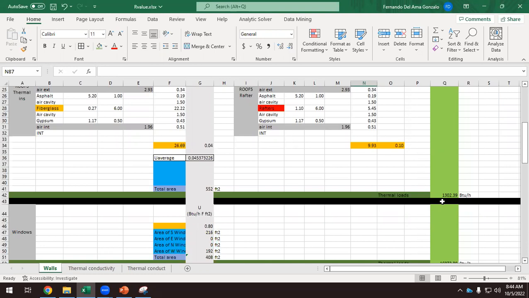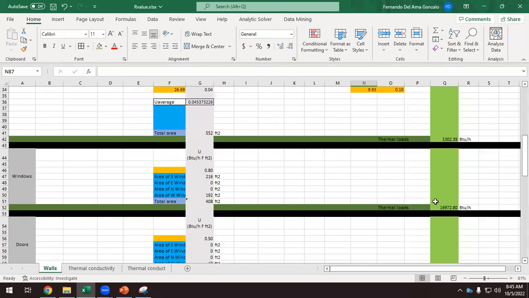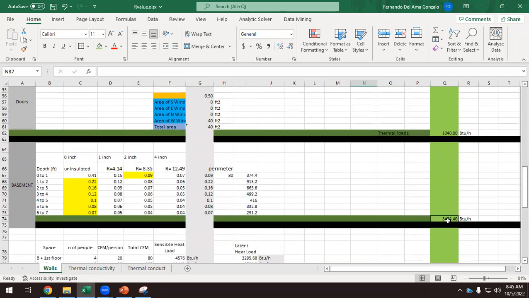It was around 17,000 BTU per hour. The door, it was around 1,000 BTU per hour. The basement, it was 3,000, or yeah, almost 4,000 BTU per hour.